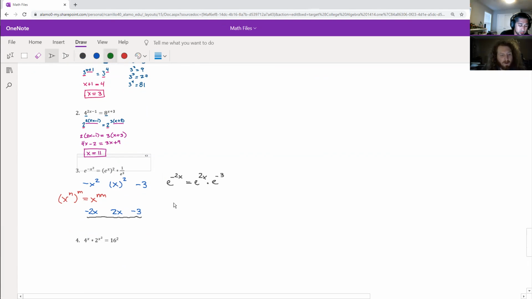And then right now, I'm going to take advantage of this exponent property that says that if I have x to the n times x to the m, this is equal to x to the n plus m. So then this becomes e to the first one is x squared. You keep writing it as 2x.